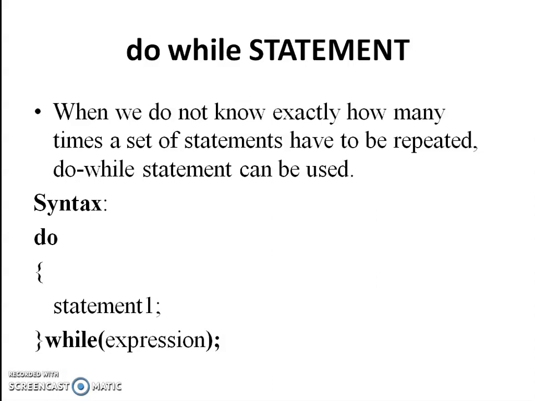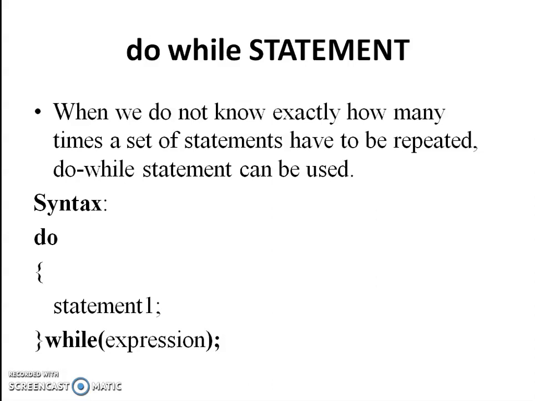It starts with the do keyword, that means execute that particular statement once, and then there is the while expression. You are checking whether that condition is true. So in do while, it is sure that at least once the body of do while is going to be executed. Whereas in the while statement, you cannot assure that the body is going to be executed at least once.